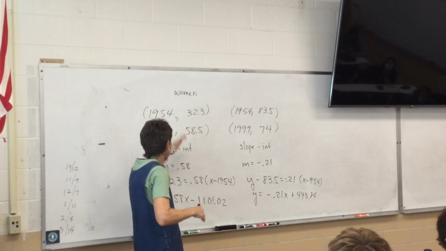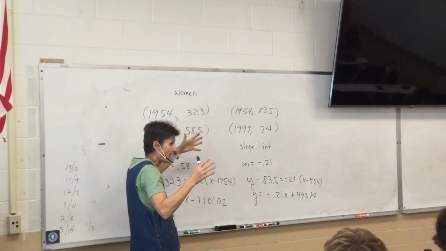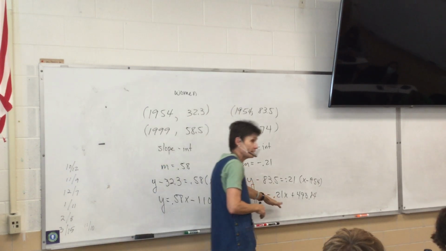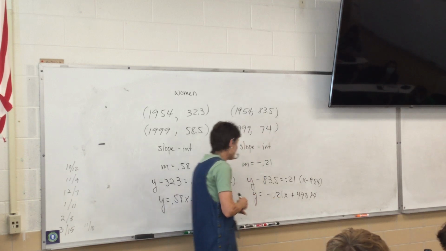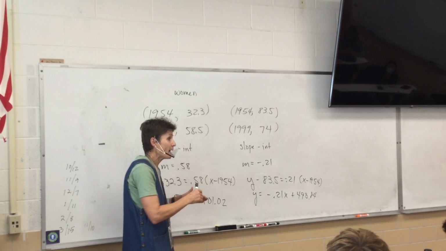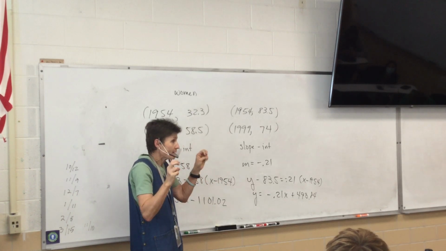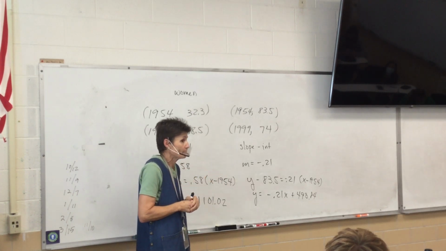And these are percentages, so we're looking at a cap on that. And this one is eventually going to go negative. So these do not take into account the real life limitations of the problem.